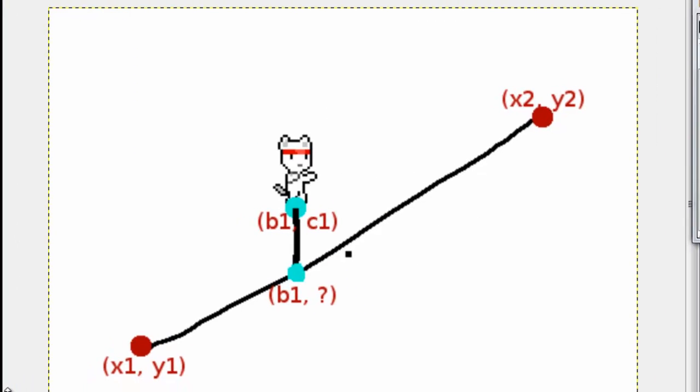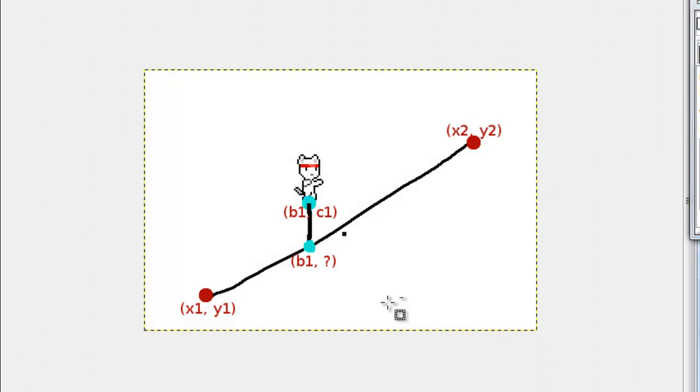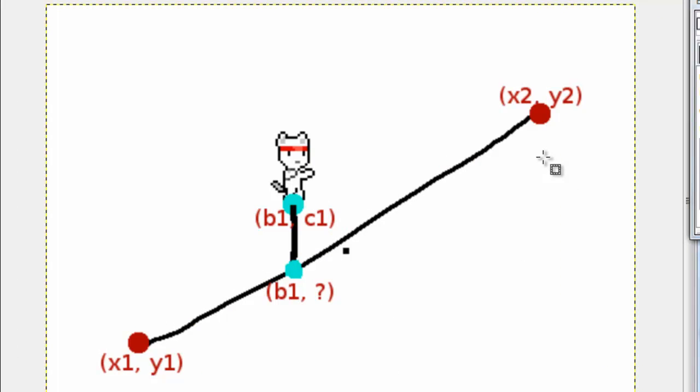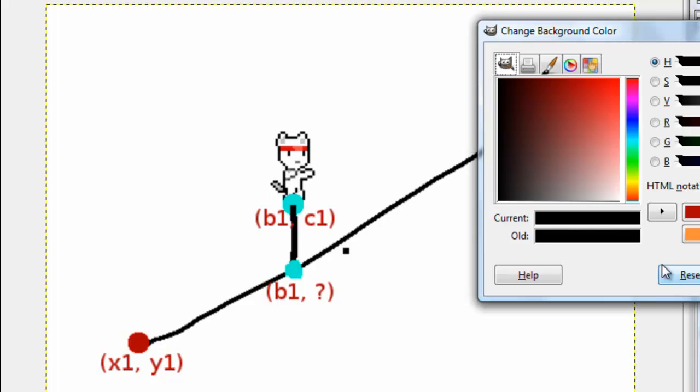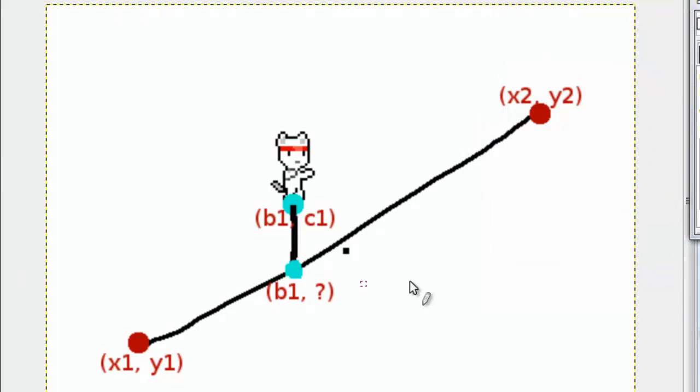Now, you can probably already see the answer. It's really very simple. Using the laws of similar triangles, we know that we have two triangles here. We have the big triangle, because what we're looking for is this y value.